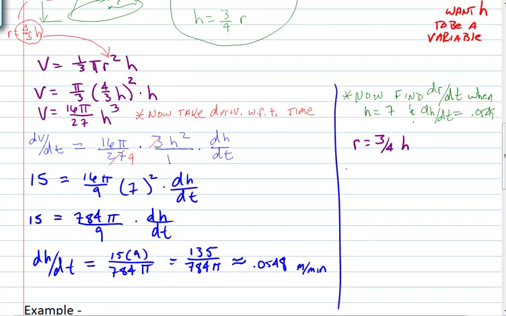We can take the derivative of this with respect to time. And when h is equal to 7, we get dr/dt is equal to 3/4 of 135 over 784 pi. And that's going to be what? 0.01 something.